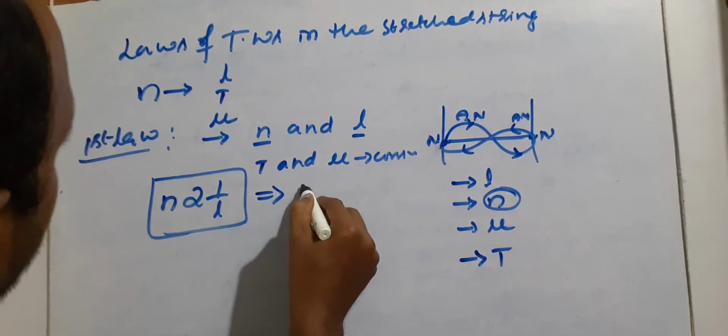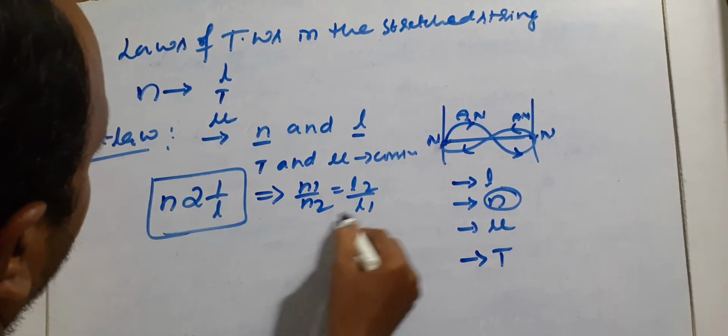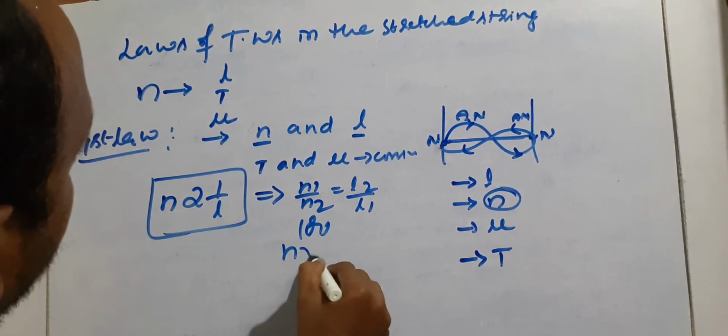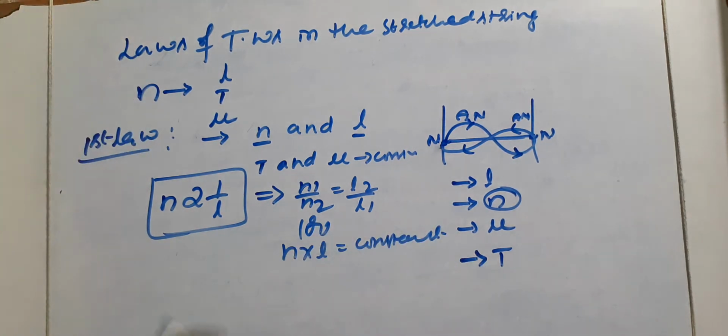It can also be written as N1 by N2 is equal to L2 by L1, or N into L is equal to constant. So this is the first law. That is, the fundamental frequency of the vibrating string is inversely proportional to its length for a constant tension and linear density.